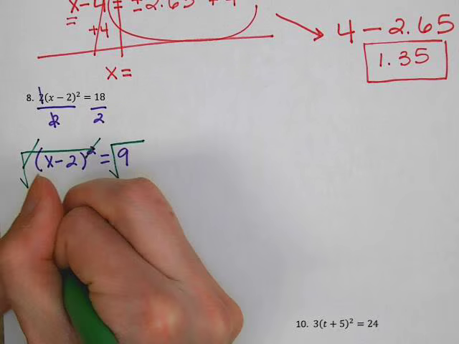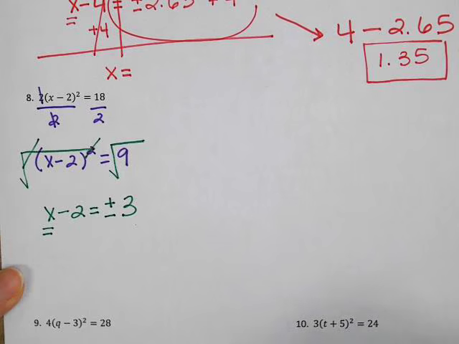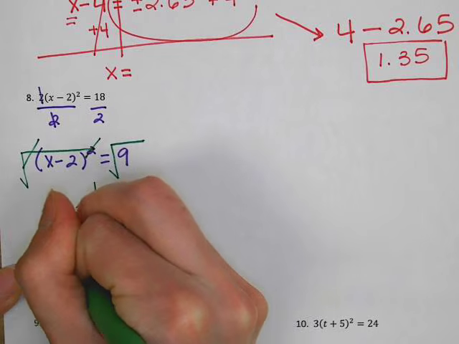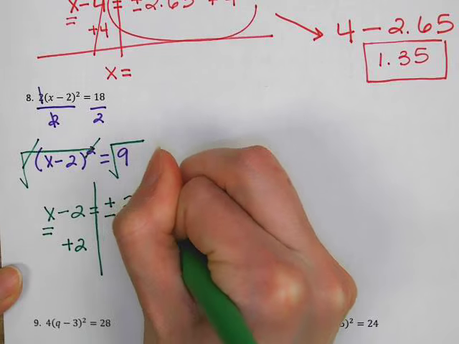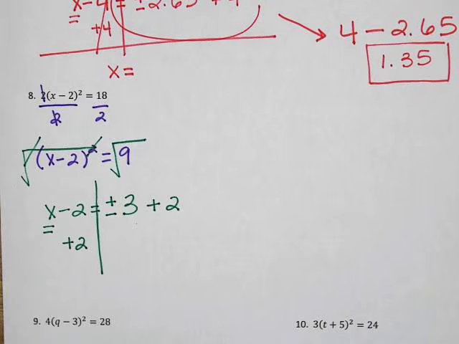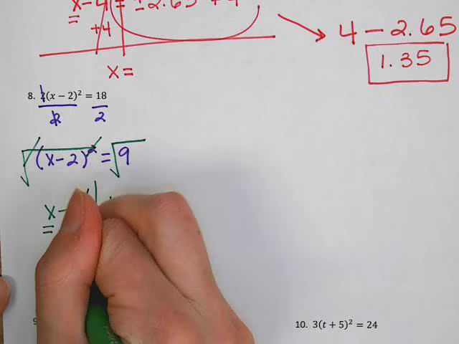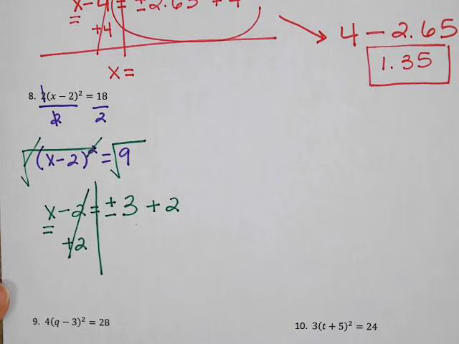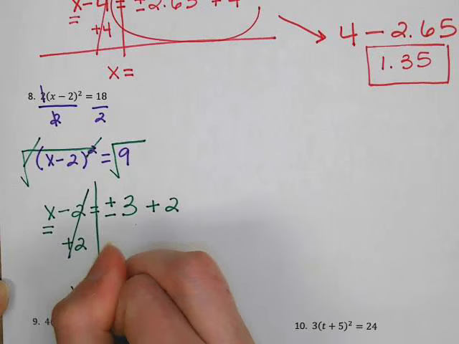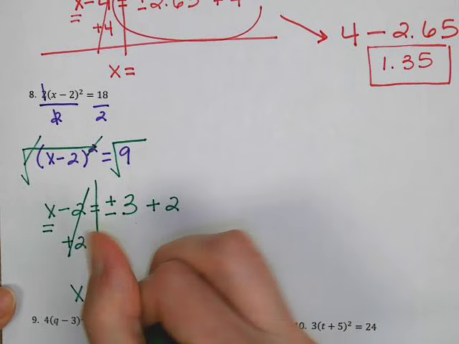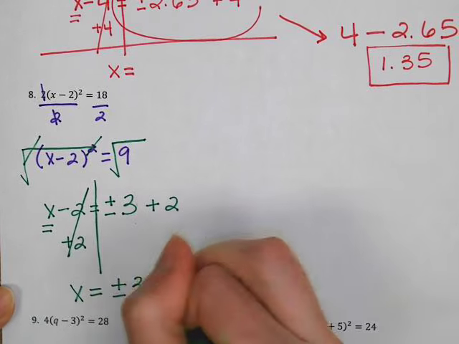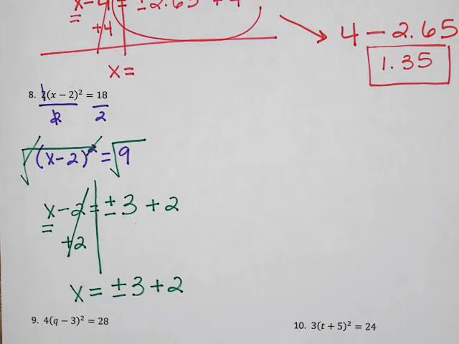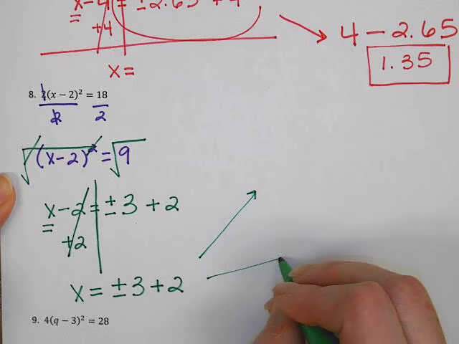All right, now we need to get x alone. So to get x alone, we need to add that 2 over to the other side. Okay, so let's see what we have. We have x equals plus or minus 3 plus 2. Okay, so again, we're going to have to do this twice.